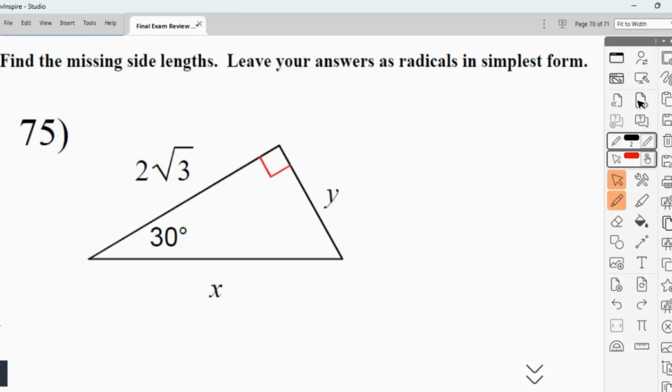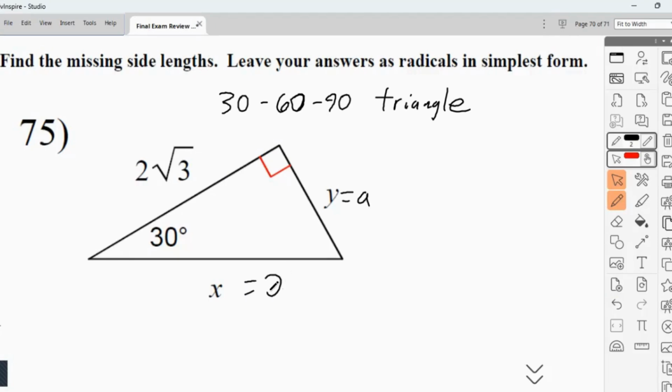Okay, this is called a 30, 60, 90 triangle. Remember? 30, 60, 90 triangle. And in this case, what we're going to do here is we're going to have this be A. This will be the hypotenuse, so it's 2A.